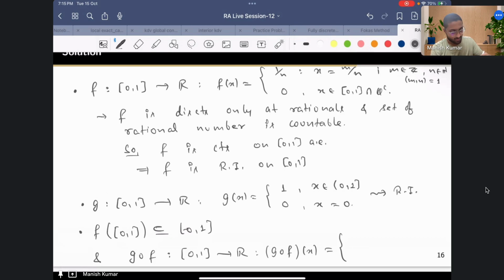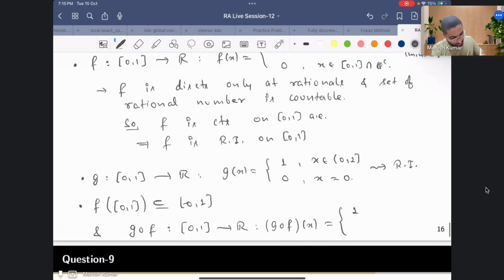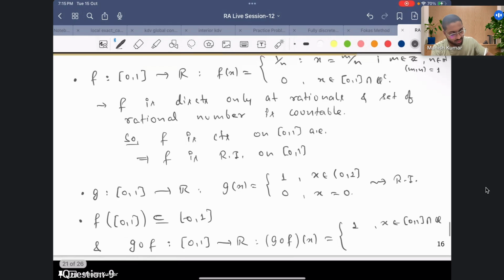So it is going to be 1 if x belongs to 0 1 intersection Q. And if you take any irrational number, then f is taking the value 0, and 0 is being mapped to 0 by g. So it is going to be 0 if x belongs to 0 1 intersection Q complement.